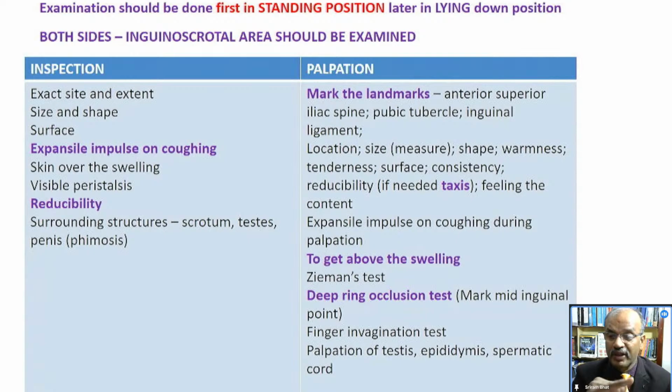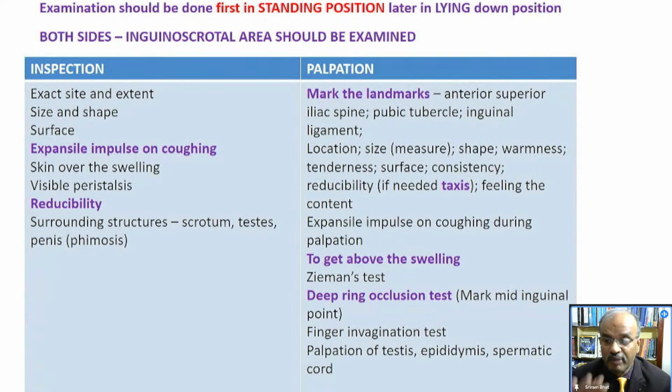Then turn your finger like this. Once you turn your finger like this, ask the patient to cough. If impulse appears on the tip, it is indirect. If impulse appears over the pulp, it is a direct sac. So tip indirect, pulp direct sac. MCQ, it may be asked. It is not a commonly done test now. Remember, finger invagination test is not very commonly done.